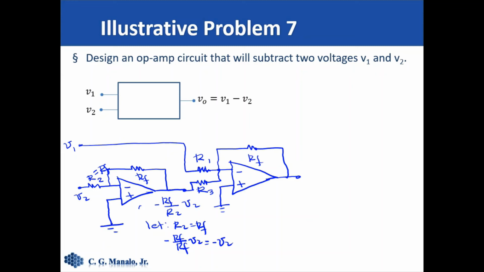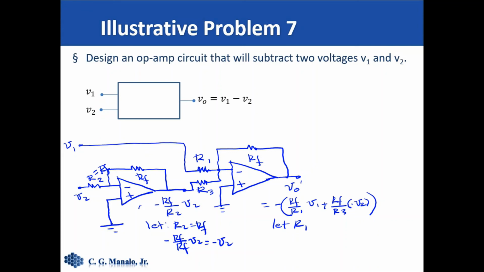Now the output of this, let's call this output V naught prime. Okay, so the output of this would be negative Rf over R1 times V1 plus Rf over R3 times the negative V2. Okay, so that is the output.